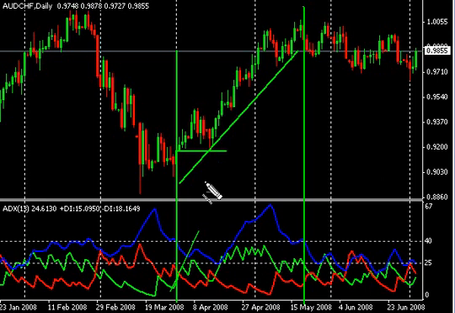The confirmation of that buy signal, or actually we don't know at this point if we've actually got a trend going. It could just be a retracement.